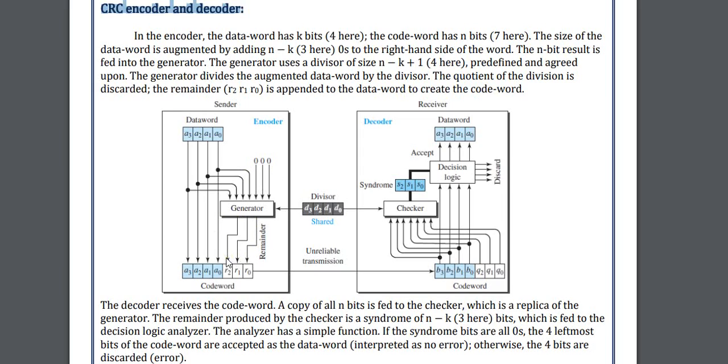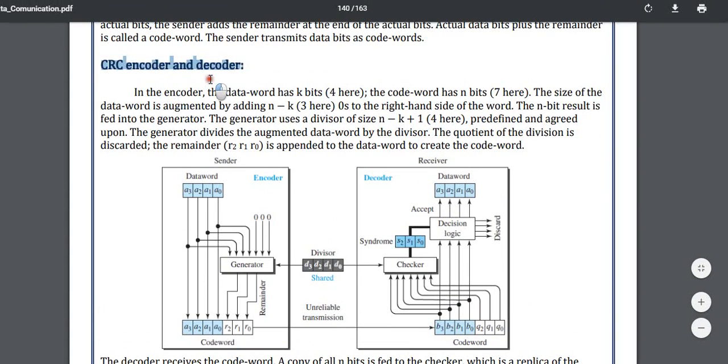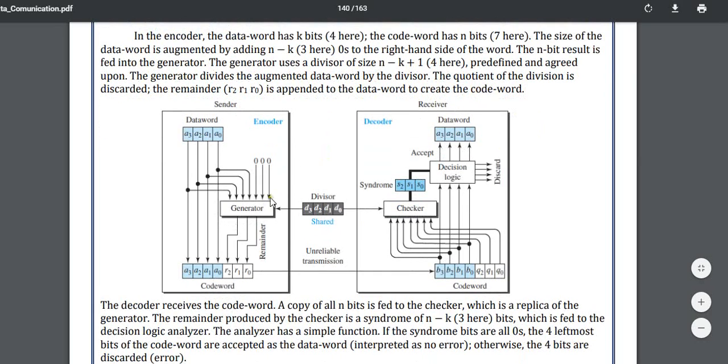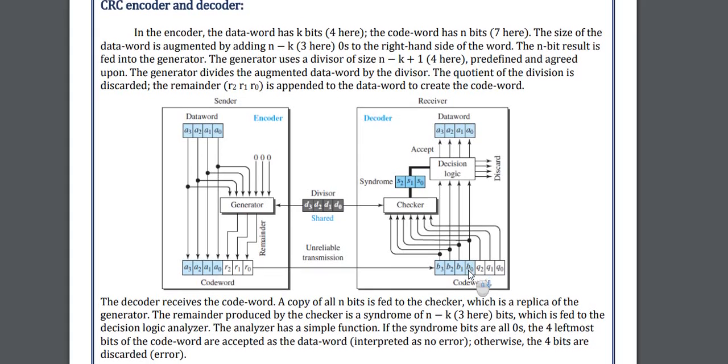After adding this remainder section, we send this code word to the next level. After receiving it, the checker will check this condition against the function. If these match, then it will declare the data okay and pass it to the receiver. That's how CRC encoding and decoding are used. Encoding is adding the code to the data word, and decoding is to decode and separate the data and remainders.